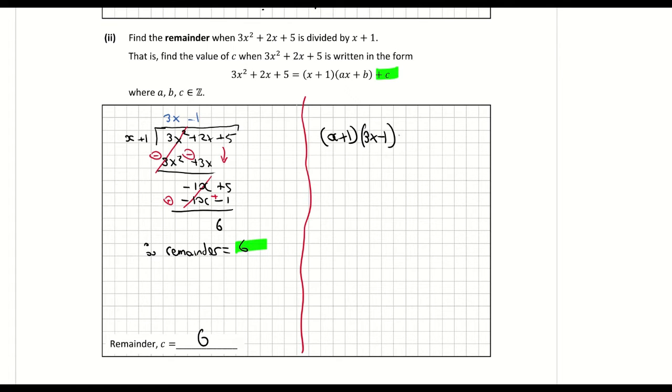So this is plus 6. And if you multiplied all that out, you should get 3x squared plus 2x plus 5. And that's just a quick way of checking if you're happy enough with your value for c. So my answer there, remainder c, is equal to 6.